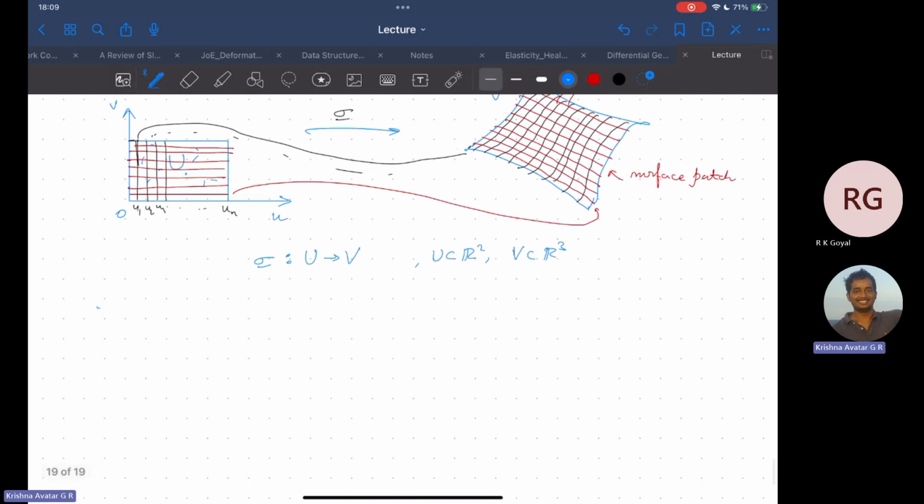Now we assume that the sigma vector is a smooth map, which implies that all the derivatives of sigma are continuous. That is what we mean.